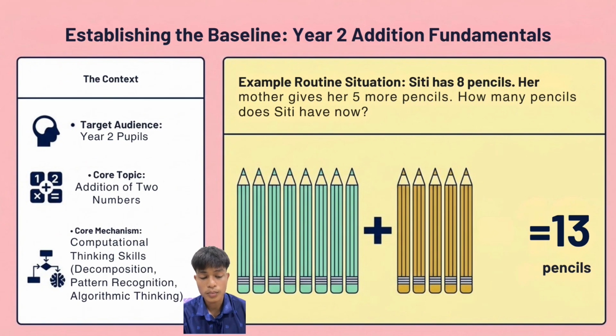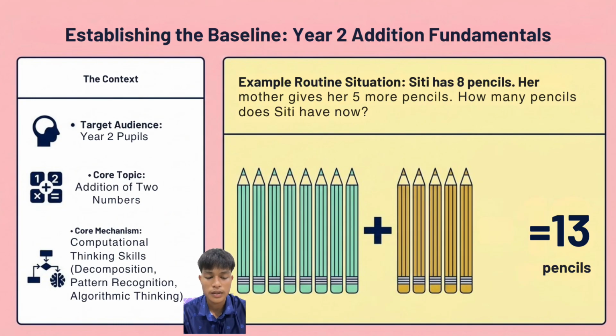However, if pupils only answer routine questions, they may depend too much on memorization. They may know the answer, but they may not understand how to think critically when they face a more challenging question.